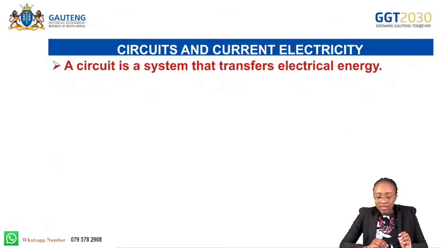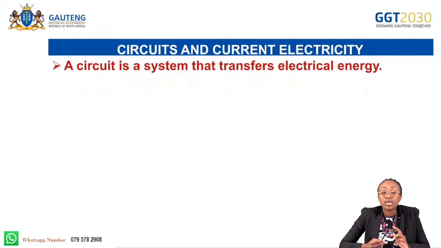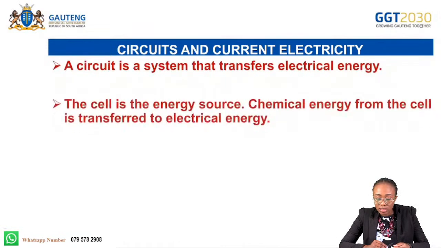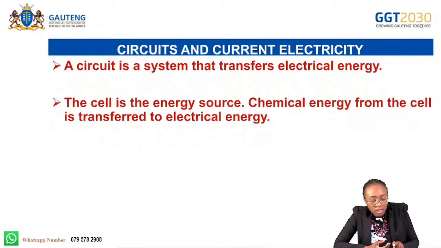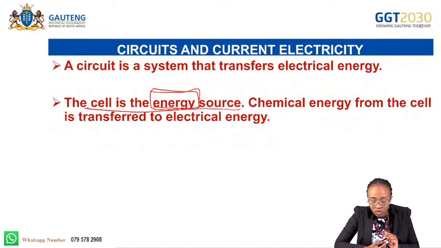Now, we have said there are charges flowing within a circuit. A circuit is a system that is able to do what? To transfer electrical energy. So a system that transfers electrical energy is called a circuit. Now, the cell is our source of energy.